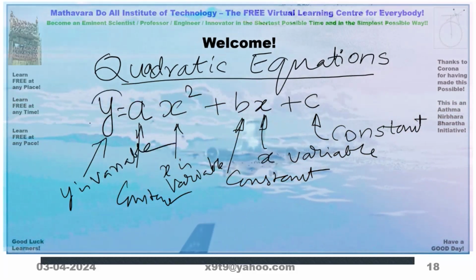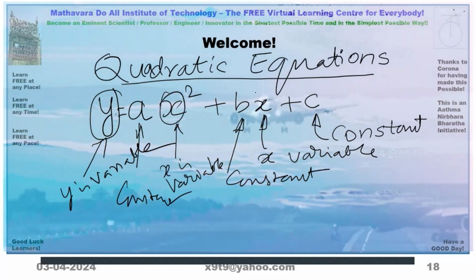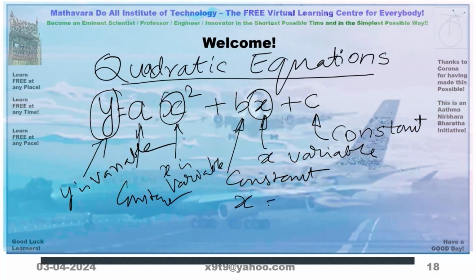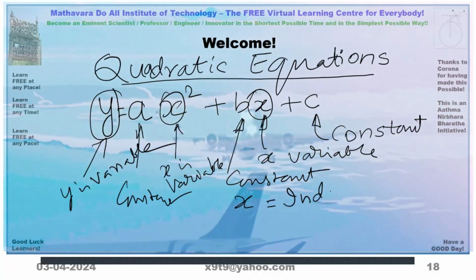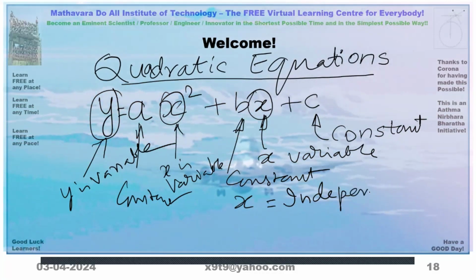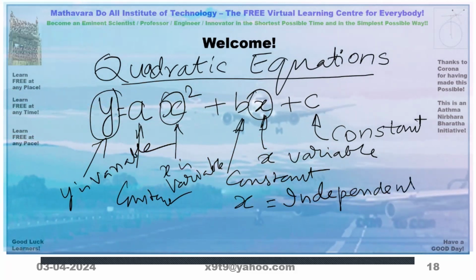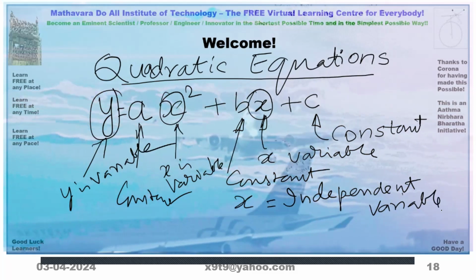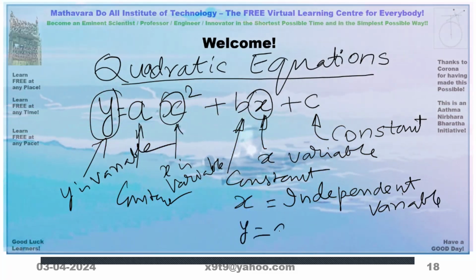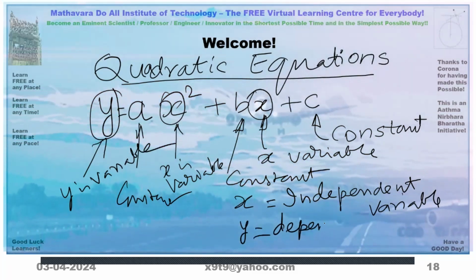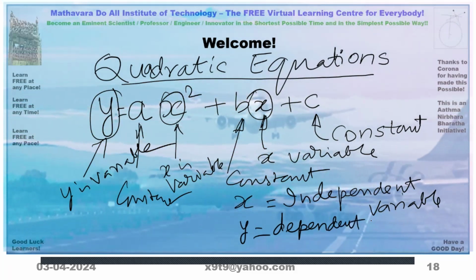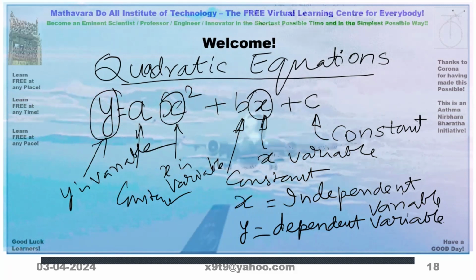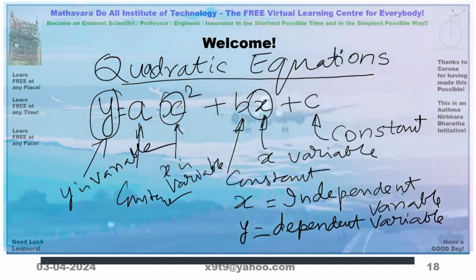Because y depends only on the x values that we substitute, x is called the independent variable, and y is called the dependent variable, because y depends on the value of x we substitute.